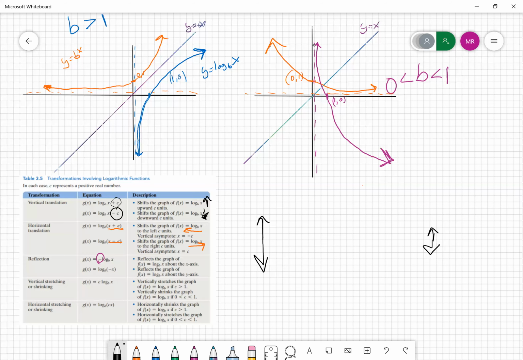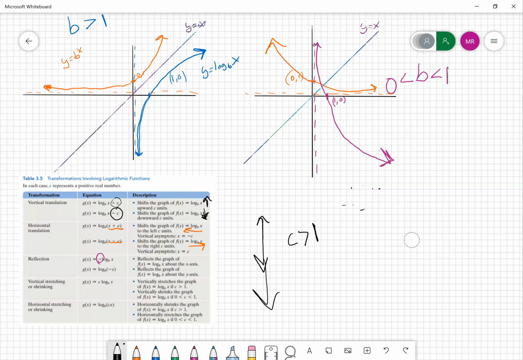And this is how that happens. If we have c, or some number, times log of whatever base in x, if that c is greater than 1, it's going to stretch. And if that c is between 1 and 0, so if it's a fraction or a decimal, it's going to shrink.